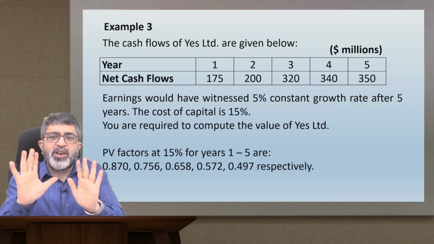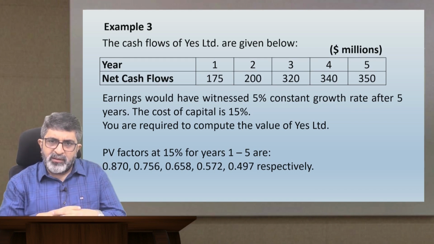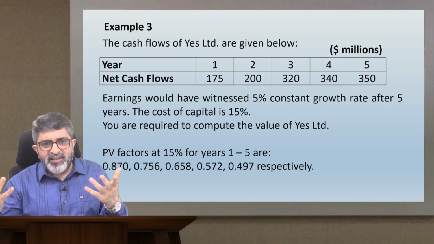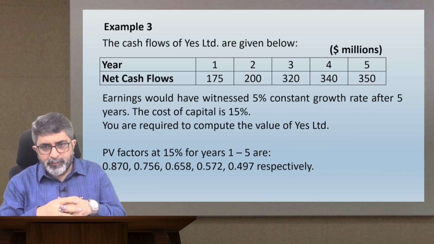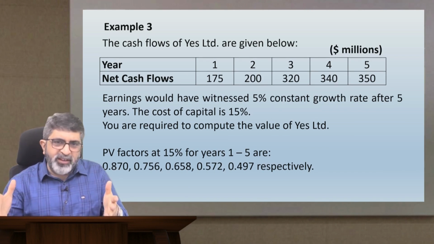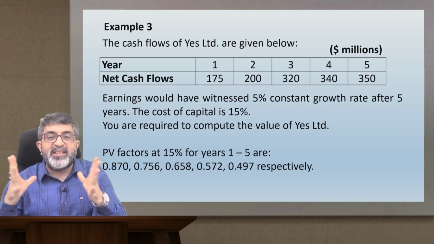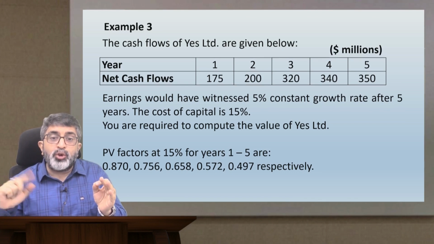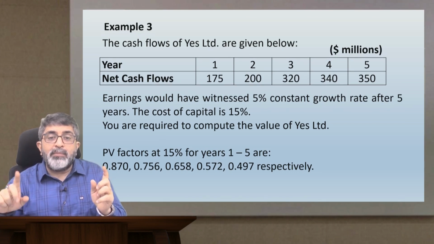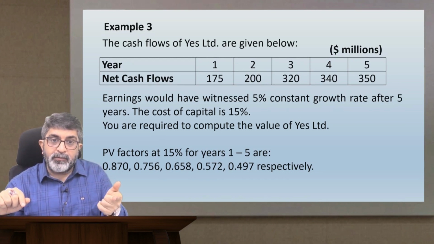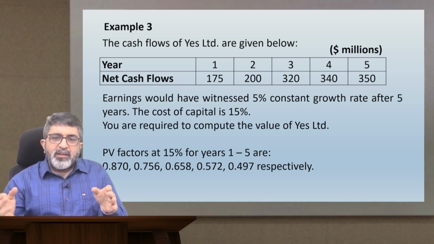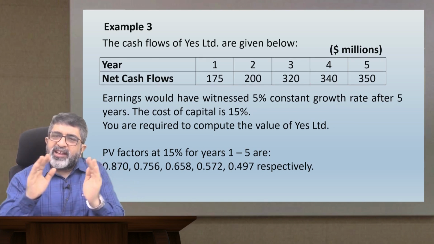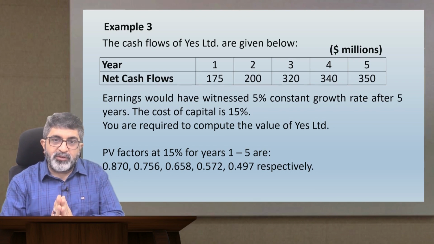Reading this question, what hint do you get? Is it about value of business or value of equity? Obviously, it is case of value of business. So the cash flow that you need to pick should not be FCFE, but should be FCFF. However, the question has no complication because it has directly reported the net cash flows.